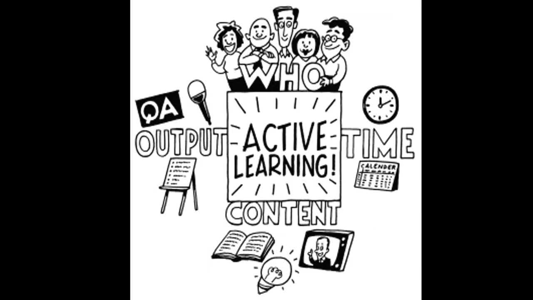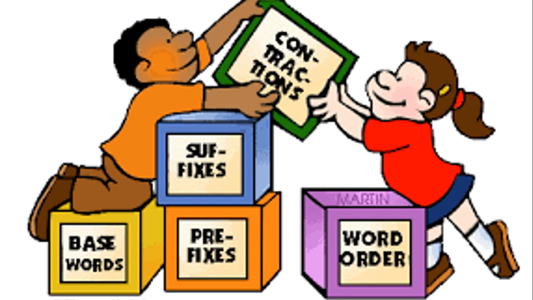Second is active learning. It hinges on students' active participation in the learning process for learning to be effective. Third is authentic learning. It ensures that lessons are directly applicable to the students' lives, needs, and desires. It makes use of local or community resources as lesson content.